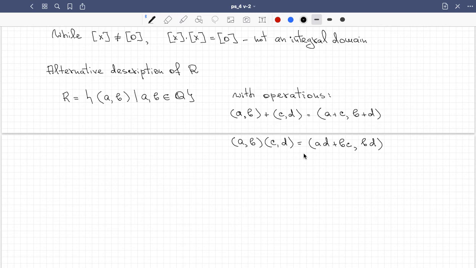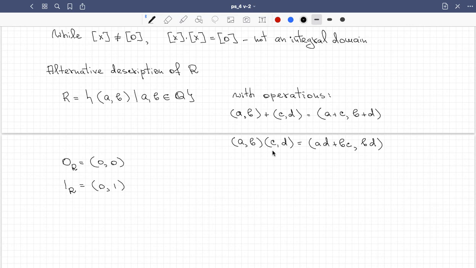In this ring, the role of 0 is played by the pair (0, 0). Identity is easy to check with these operations, that this is a 0 and this is identity.